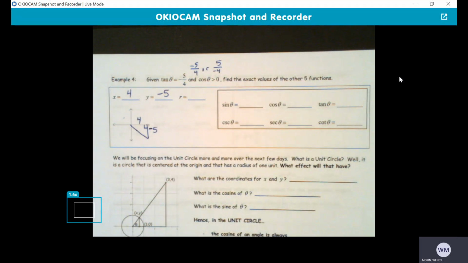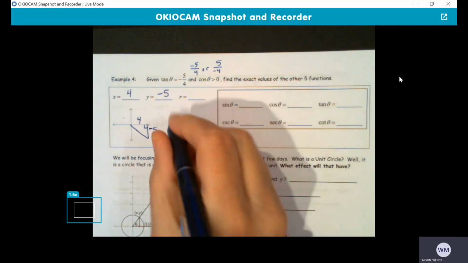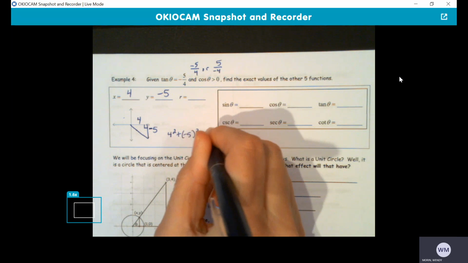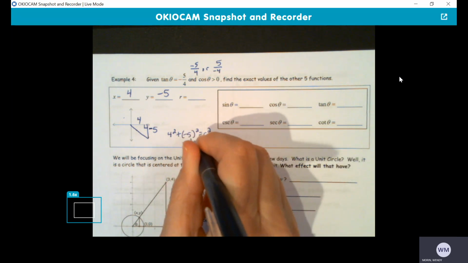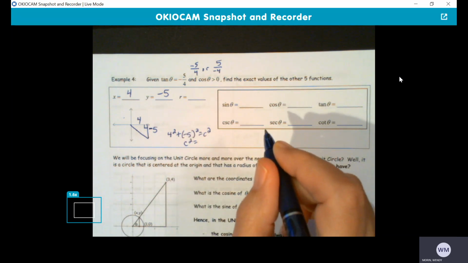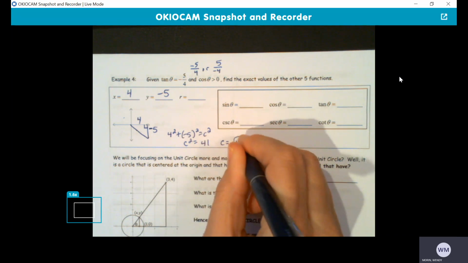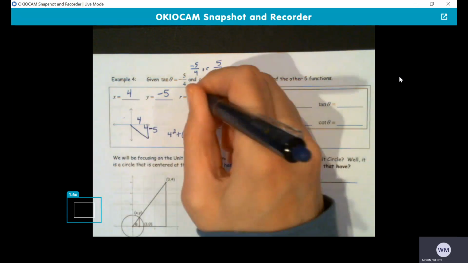What is the radius? Is that one of our special triangles, 3, 4, 5? Well, some people think it is, but the 3 cannot be the hypotenuse, so we have to use the Pythagorean theorem. a squared plus b squared equals c squared. So that's 25 plus 16, which is 41. So c equals the square root of 41, and that's your radius.